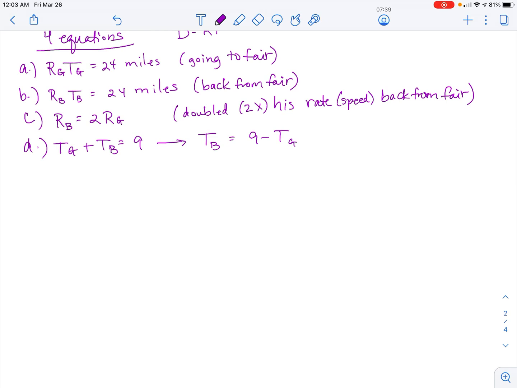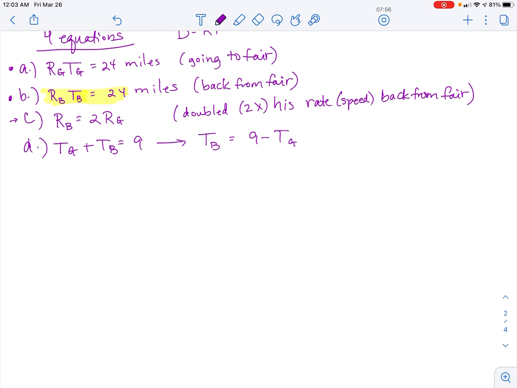All right, so now we have some good stuff to work with. So we need to find our base equation. And our third one usually is what helps us determine which one of these is going to be our base. Well, it looks like B is a good base.